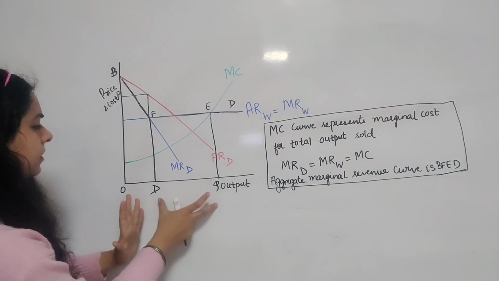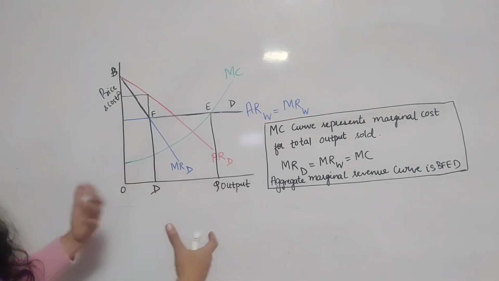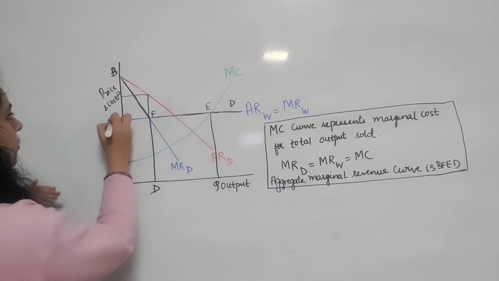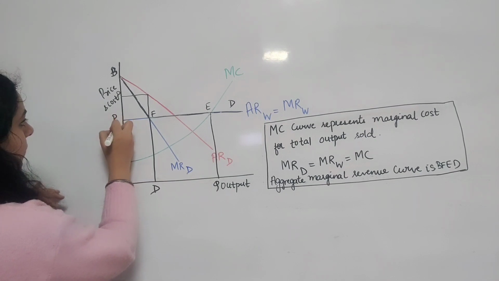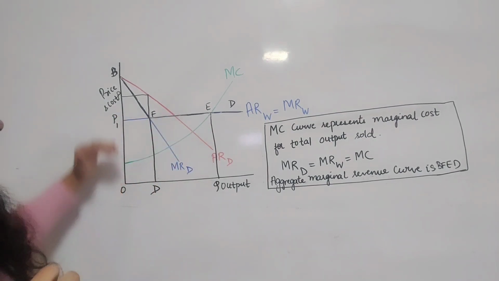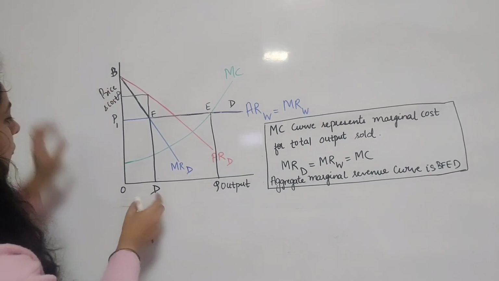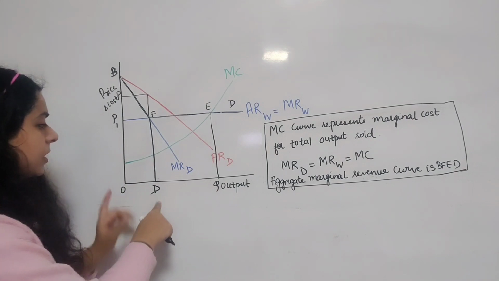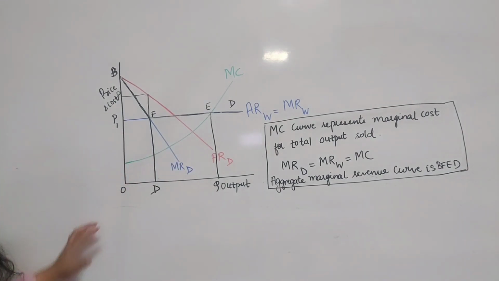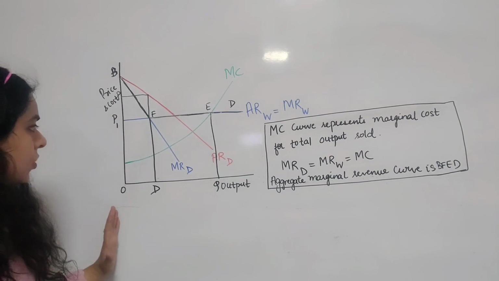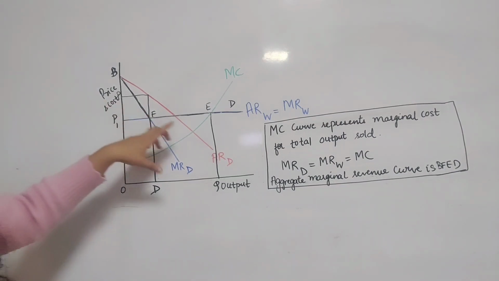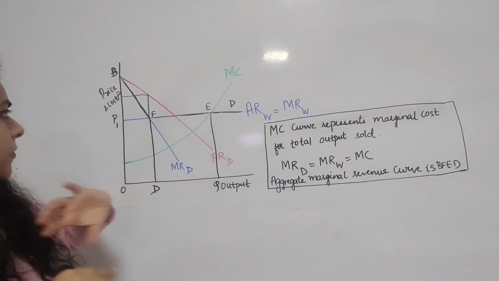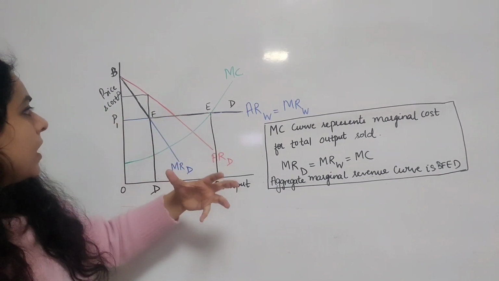So we can say that when the producer is selling in the international market, or exporting a DQ amount of output, he will be charging a lower price, P1, and he will be charging a higher price, P, for the product sold in the domestic market, because the demand is inelastic in the domestic market, whereas the demand is extremely sensitive to price because of perfect competition in the international market.